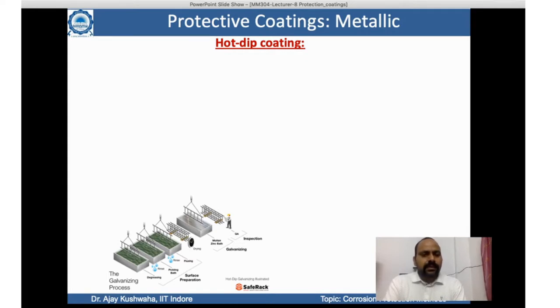The first couple of steps, steps 1, 2 and 3, are surface preparation, meaning we generally clean the surface, and if any oxide layer or any other layer is there which is not favorable for the coating, it is removed.